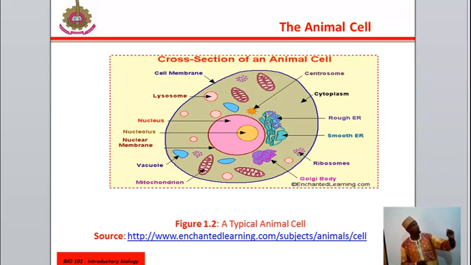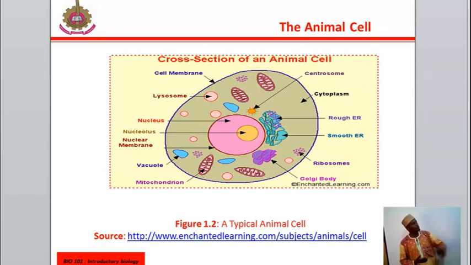But in this case, the outermost layer in the animal cell is the cell membrane, which means the animal cell will not be as rigid as the plant cell because of the lack of the cell wall. The absence of the cell wall makes the animal cell more flexible than the plant cell.